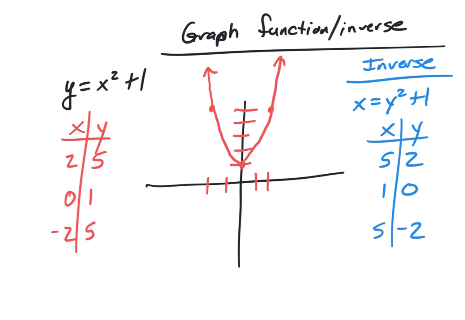I take the three ordered pairs that I just came up with, I flip all three of them around, and now I'm going to graph this. So there would be the inverse graph.